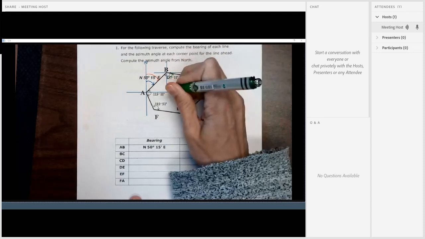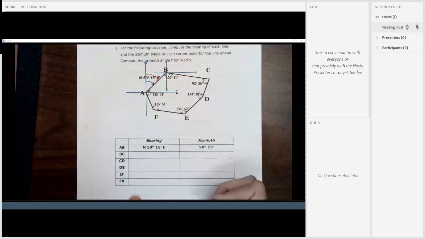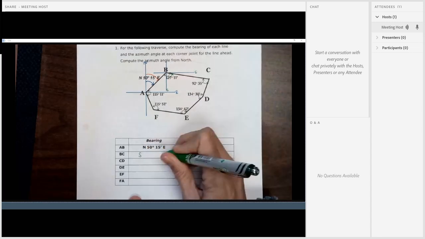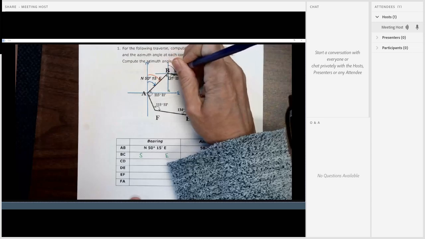So it's coming from that south and going towards the east on that coordinate grid. So I'll put those locations in here, south and east. And then I can see my azimuth up here at the top, going to come from the north past that 90-degree line, all the way down, a little bit past that, down to my line BC. So let's think about this line BC and how to compute some of these values.